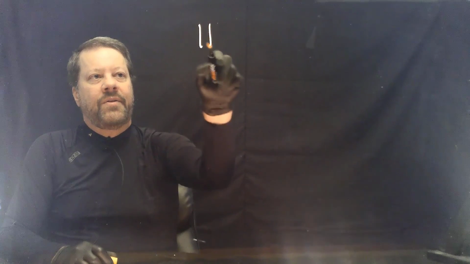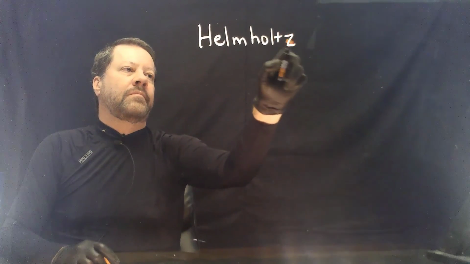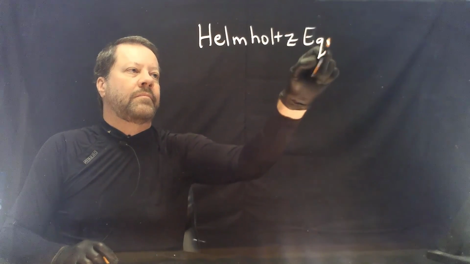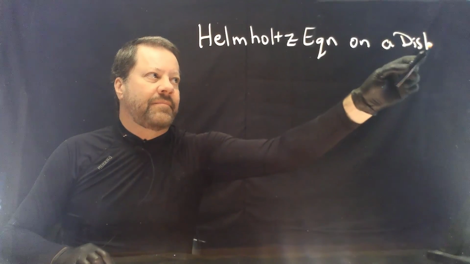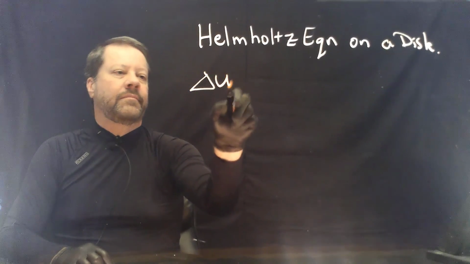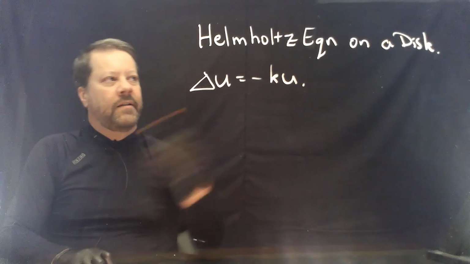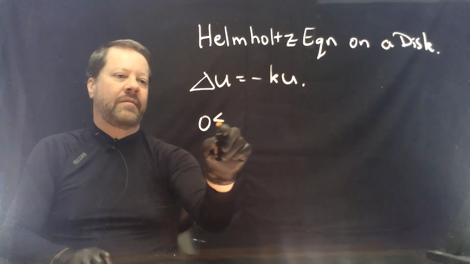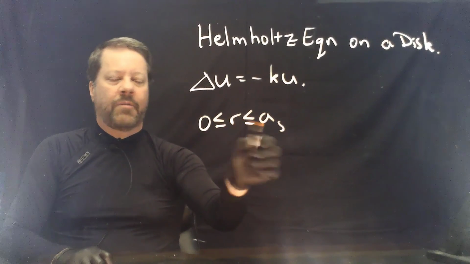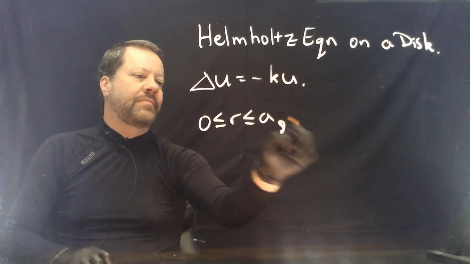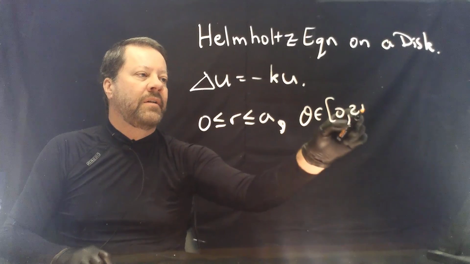We'll next turn to the Helmholtz equation on a disk. Since we're on a disk, r will be between 0 and a, and theta, of course, will take values between 0 and 2 pi.